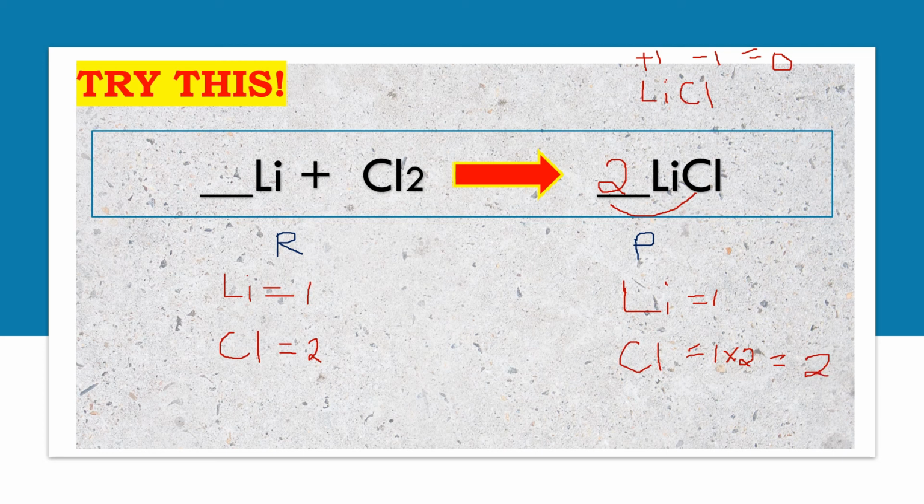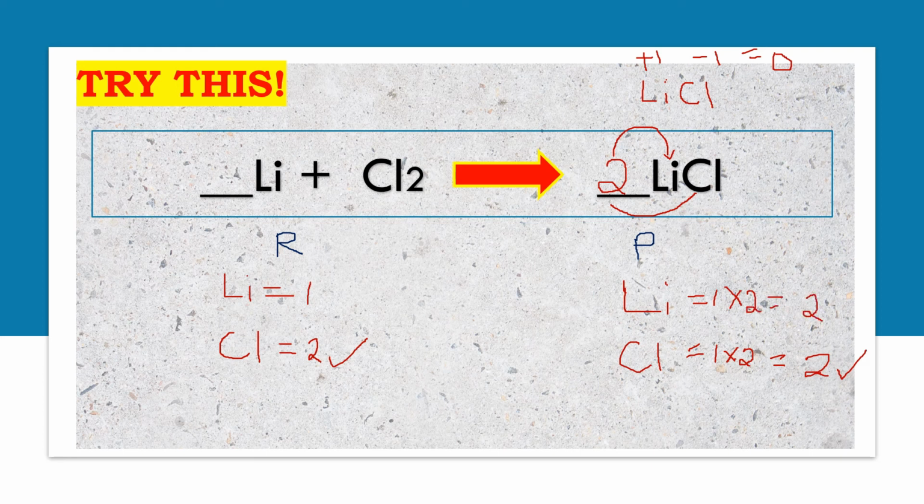Okay, so balance to, and then this one. Now, how about Li? So, since it is a compound and it is lithium chloride, the coefficient 2 will distribute to Li.